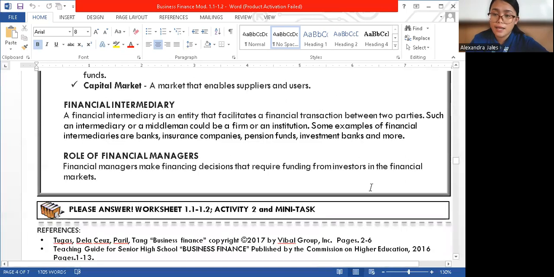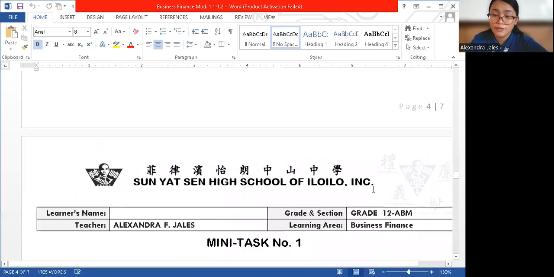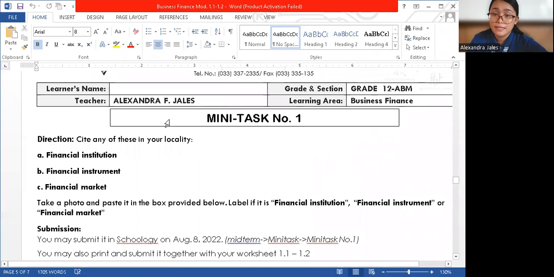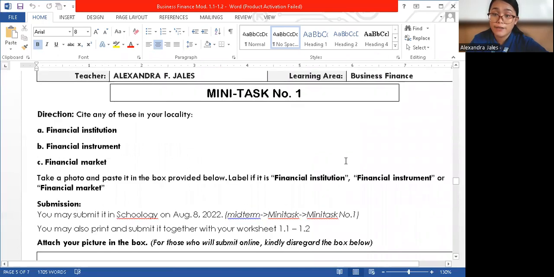So take note, and of course, do not forget to finish your task. This is your mini task. If you have enough time, I would like you to search for some financial institution, any of these, in your locality.